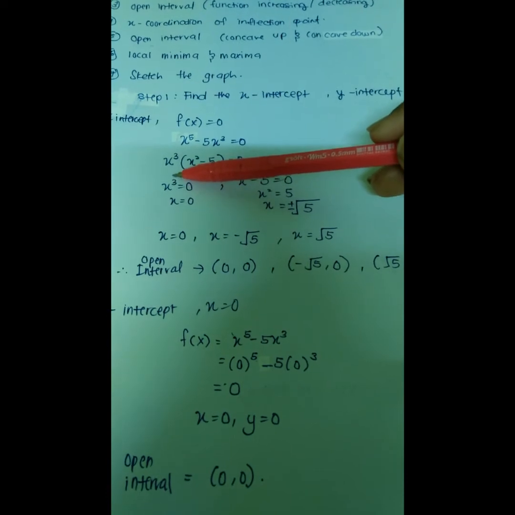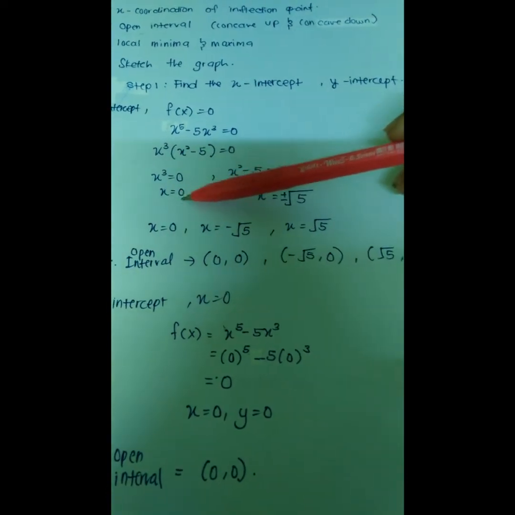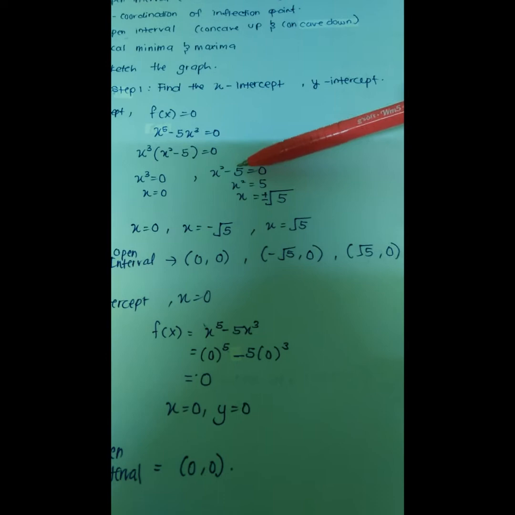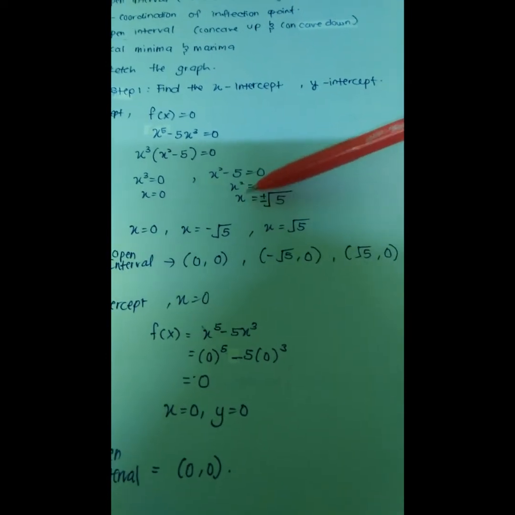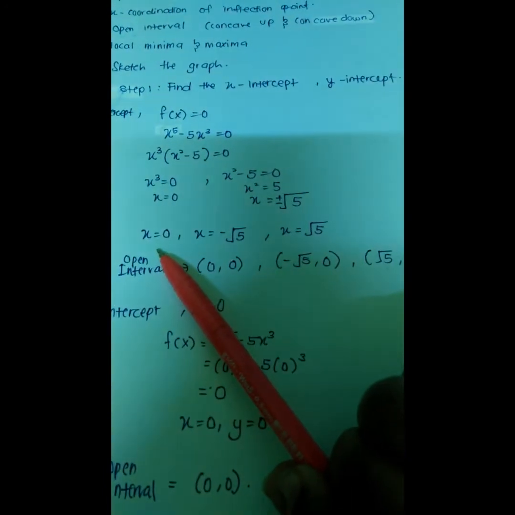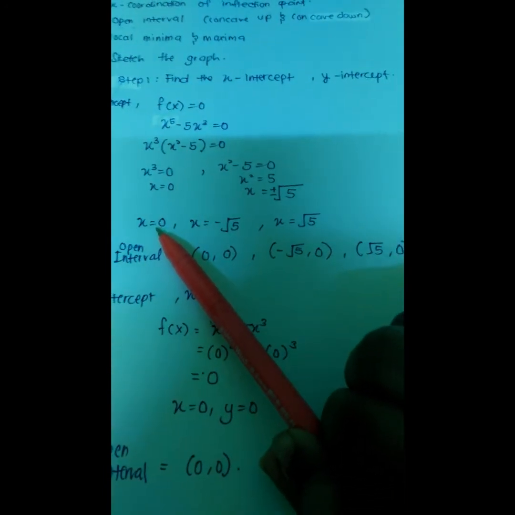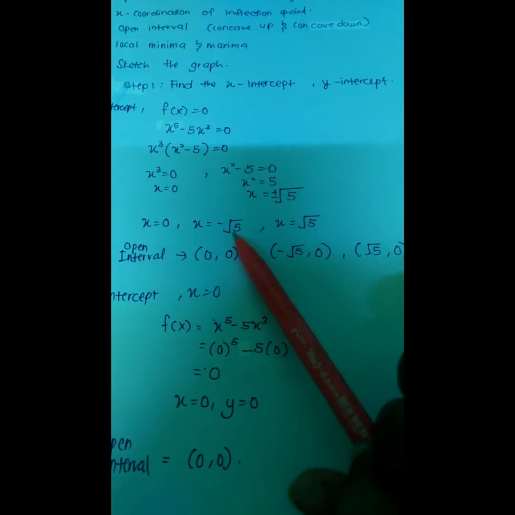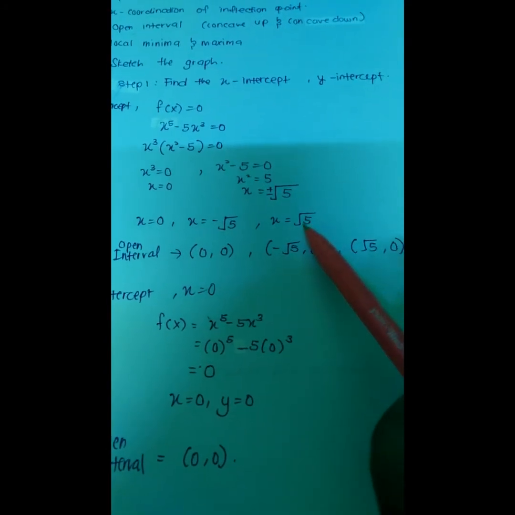When x power 3 equals 0, our x will be 0, and then x square minus 5 equals 0 gives x equals plus or minus square root 5. So we will get 3 values for x: x equals 0, x equals negative square root 5, and x equals positive square root 5.